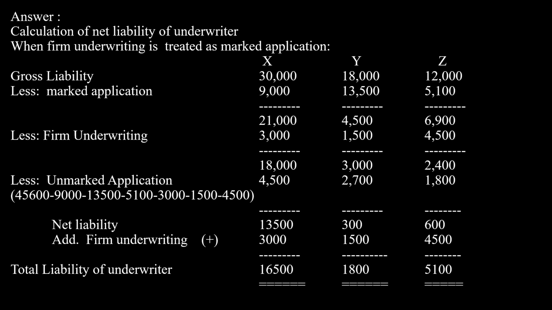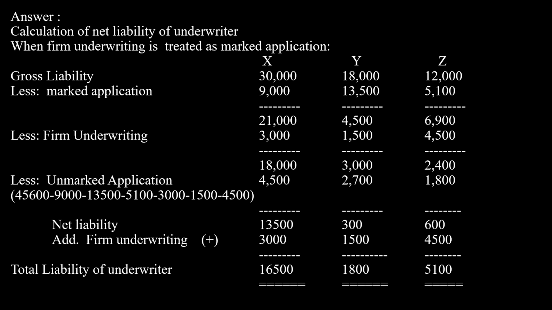From this, we'll subtract the unmarked application. How to calculate the unmarked application? From the received application, 9,000 for X is marked application, 13,500 for Y is marked application, 5,100 for Z is marked application, then 3,000 for the firm underwriting of X, 1,500 for the firm underwriting of Y, and 4,500 for the firm underwriting of Z. Finally, the balance will be the unmarked application.